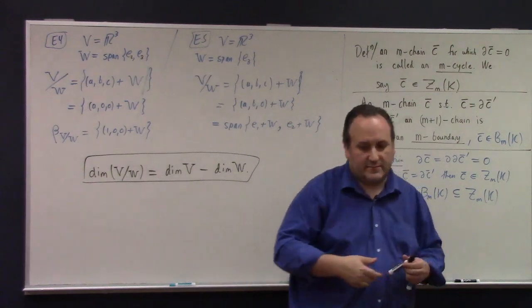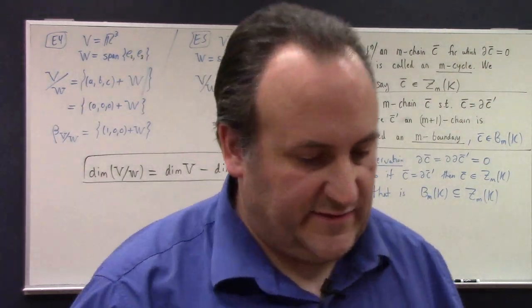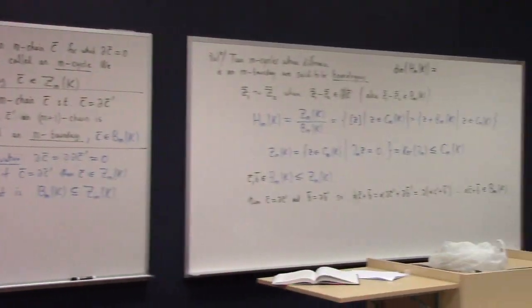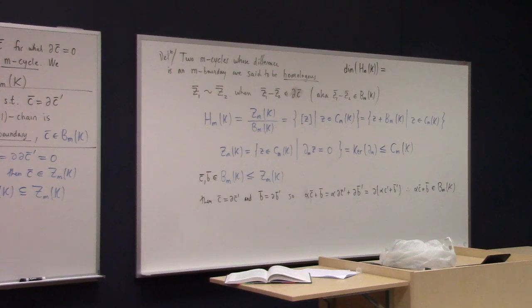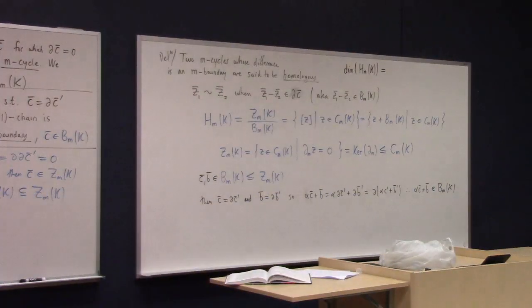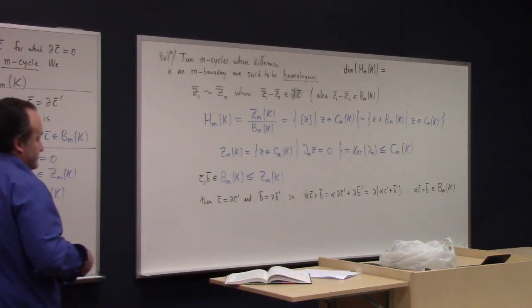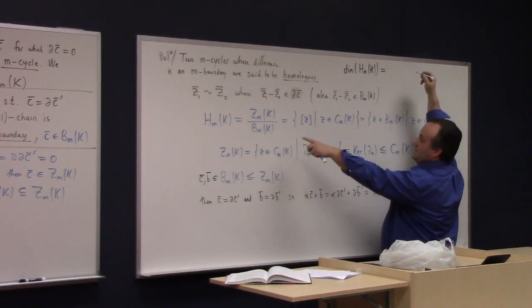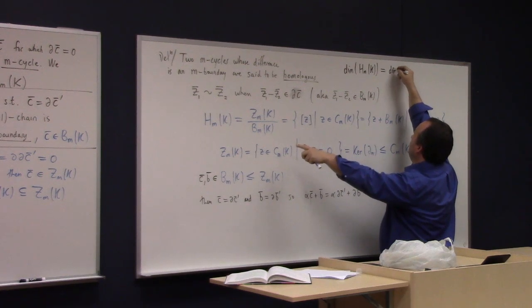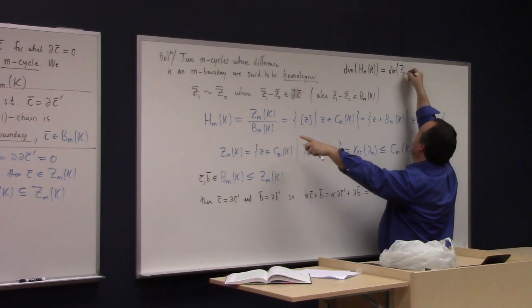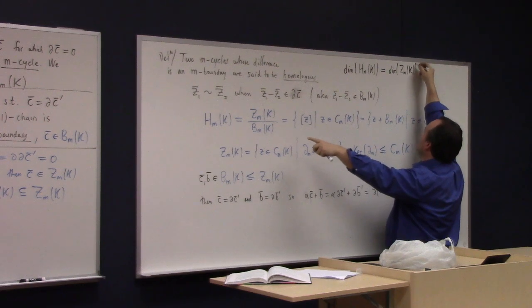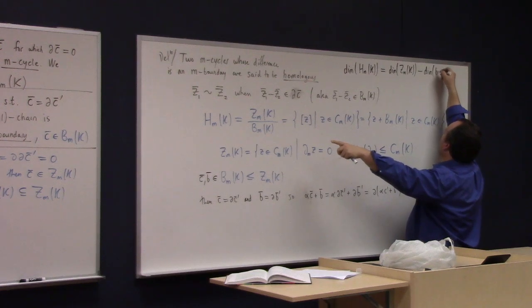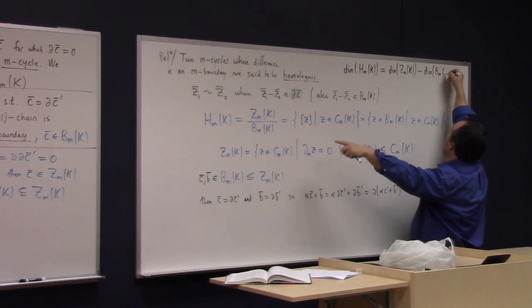So once you know that, when I come back and ask the question I asked before, it becomes an easy question, because it is an easy question. What's the dimension of the mth homology group? It's the dimension of the m-cycles minus the dimension of the m-boundaries.